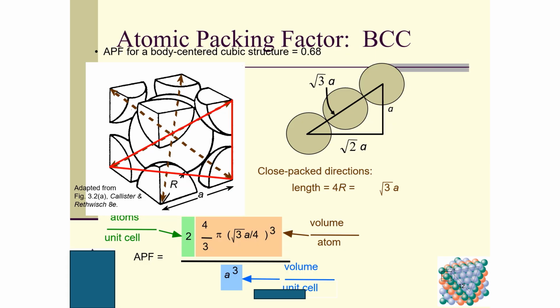How do we calculate the diagonal length based on a? 4r equals square root of 3 multiplied by a. We know that. So here r is square root of 3a divided by 4. This is how we get this term within these parentheses.